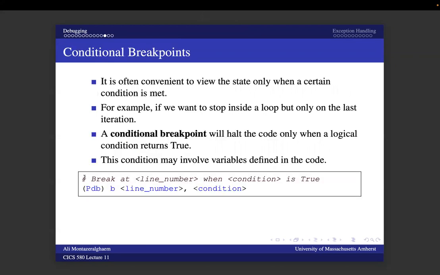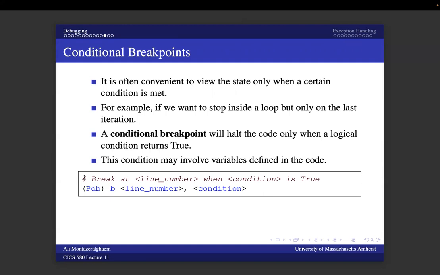You can also have a conditional breakpoint. The conditional breakpoint can be useful in for loops, for example. Say you have a for loop where i starts from 0 up to 10, and you want to know the value of variables when i is equal to 5.